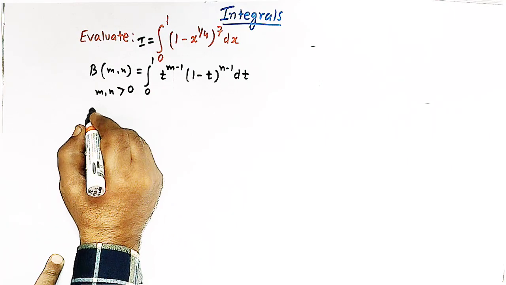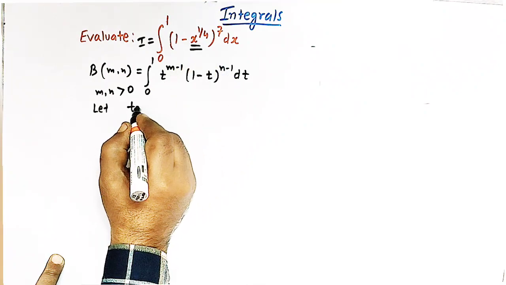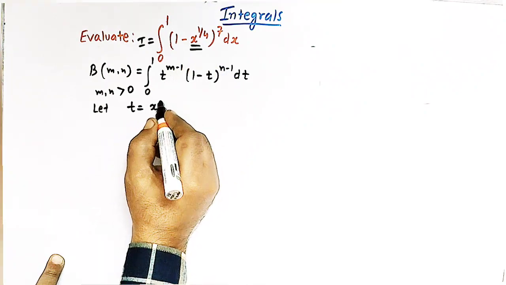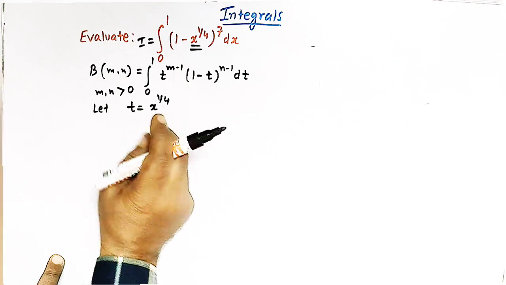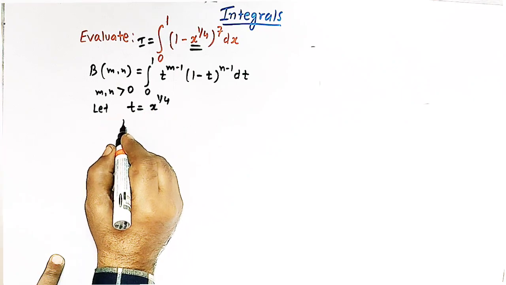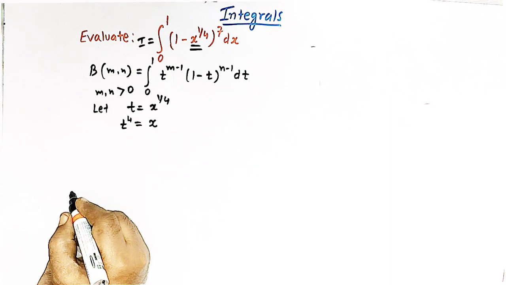So let us make this substitution, that is t is equal to x^(1/4), and from this expression we can write t^4 is equal to x, right?